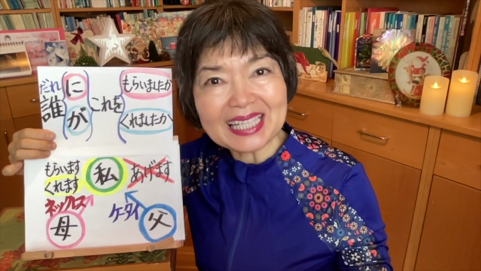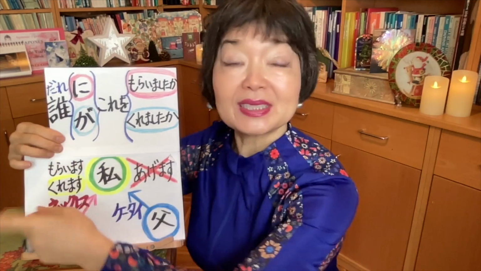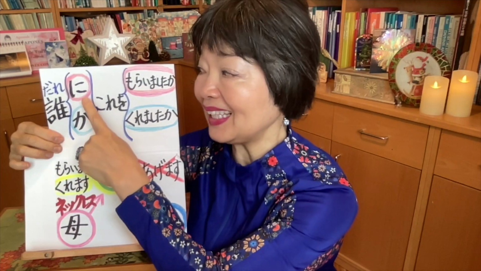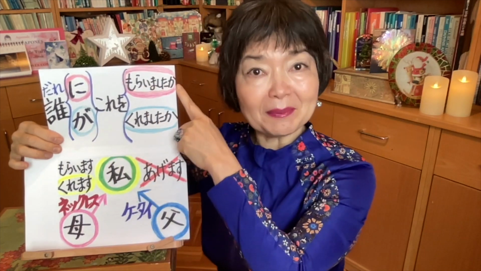When I receive some presents, I can use the verb もらいます or くれます. Both mean the same, but the grammatical structure changes. Now I'm gonna use もらいます. I receive, so the subject will be 私は, from whom, 誰に, 母に, what, これを, ネックレスをもらいました.